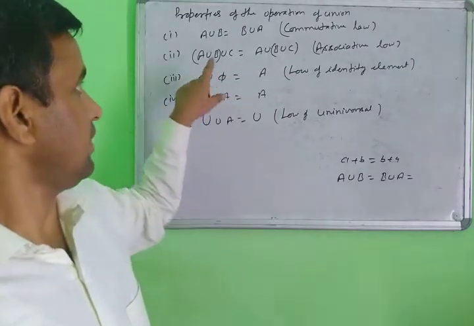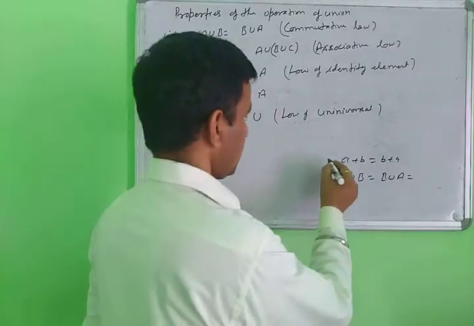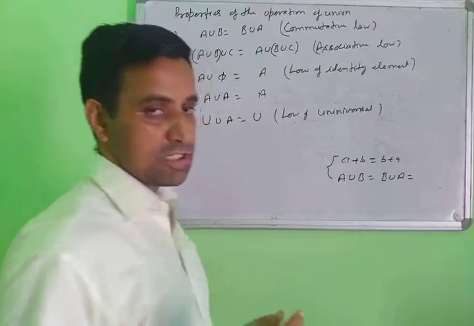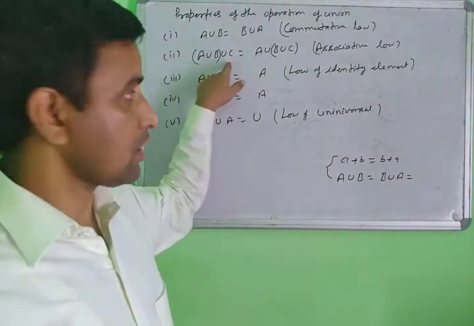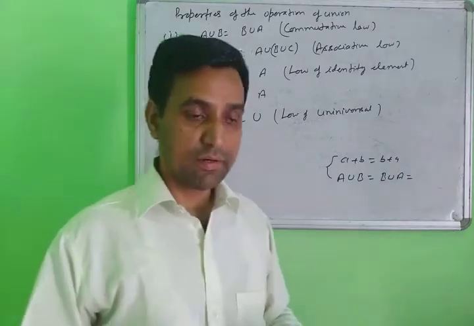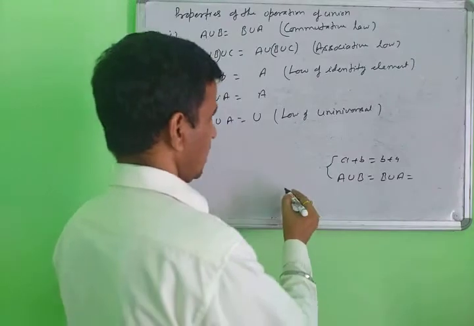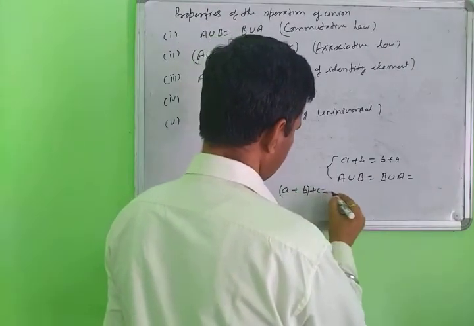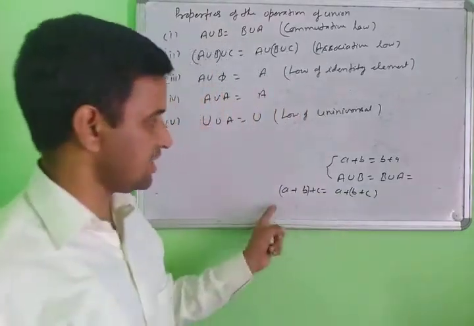Second property here, the associative property. Associative property depends on 3 integers, the same here with 3 sets. Associative property: A plus B plus C equals A plus B plus C. This is for 3 integers.